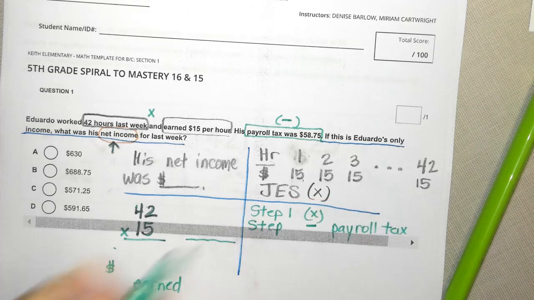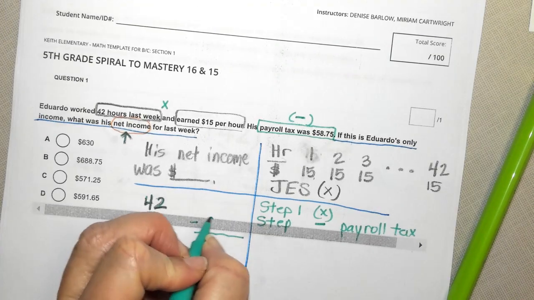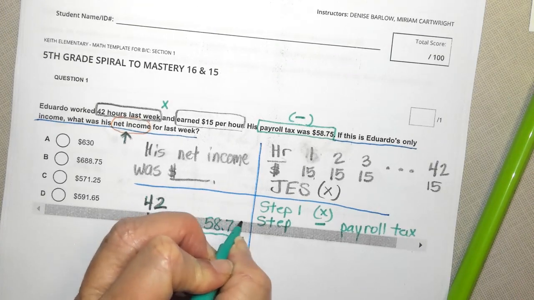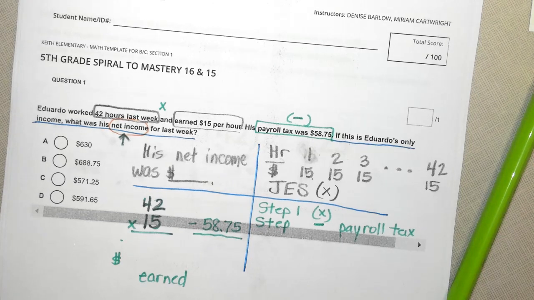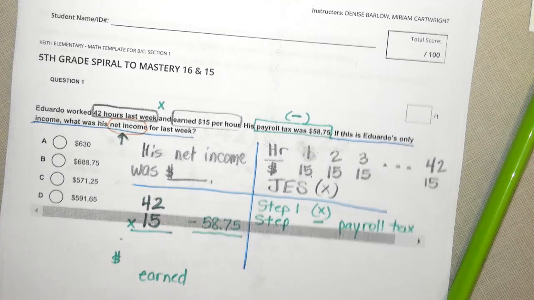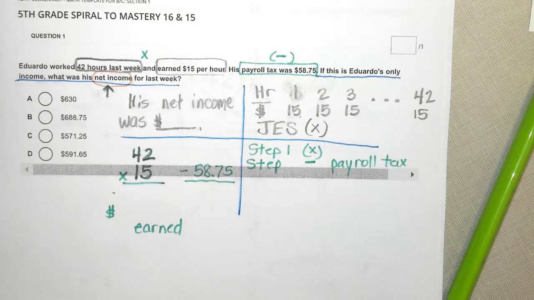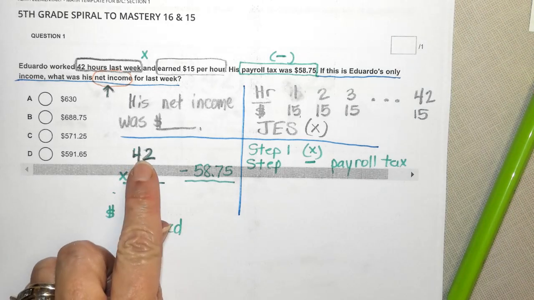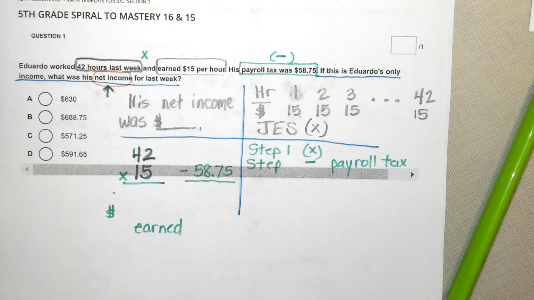So to get you set up in the right direction, and to reinforce why estimating is so very important, I'm going to estimate right now. When I think about the number 42, is it closer to 40 or is it closer to 50?